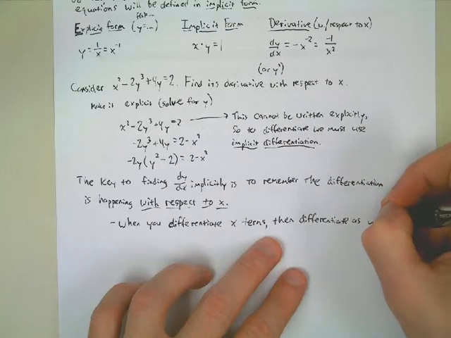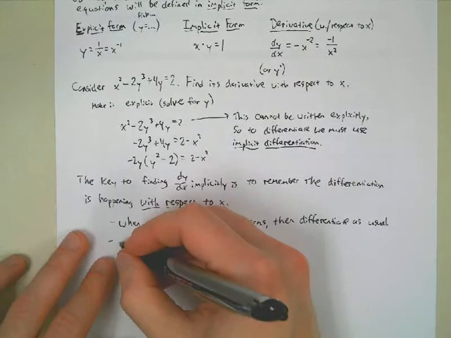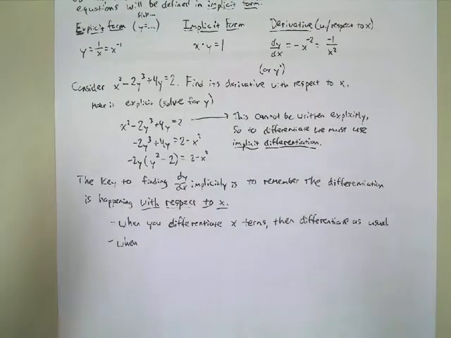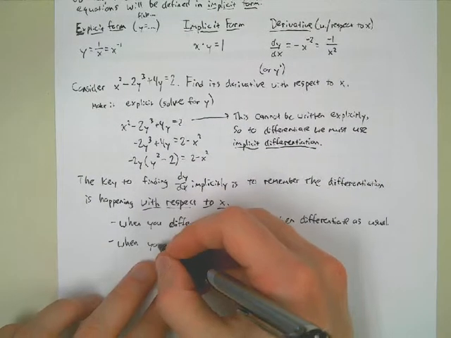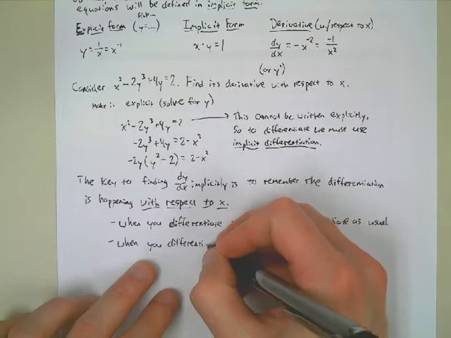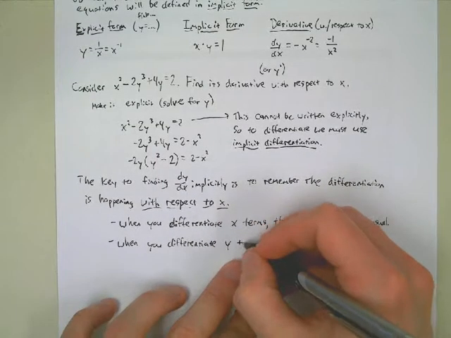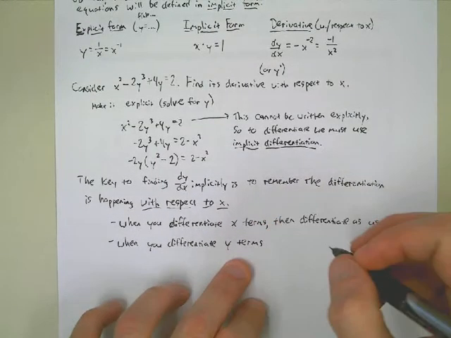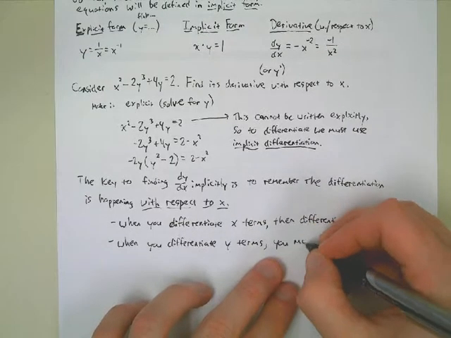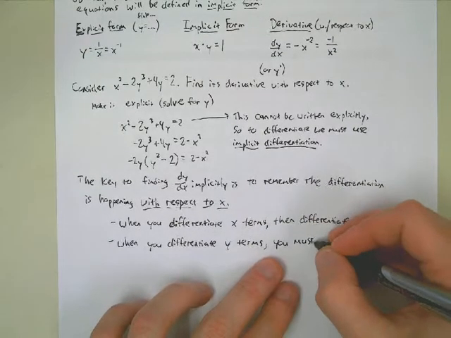When you differentiate y terms, because implicit x's and y's are mixed together, you must apply the chain rule. Oh, chain rule, that's familiar.